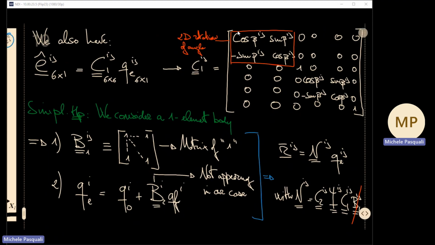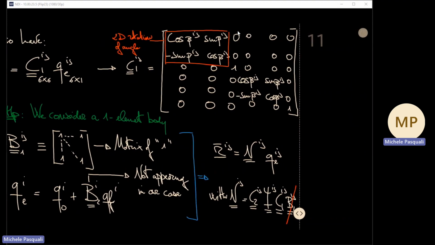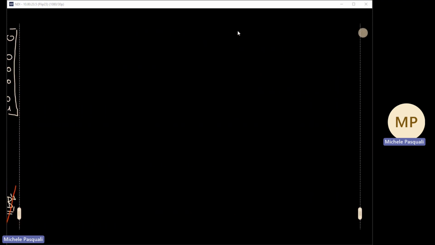Okay, so this is where we left. Now, today's topic is to move forward from here. And so what we will do is to calculate the mass matrix of the element.